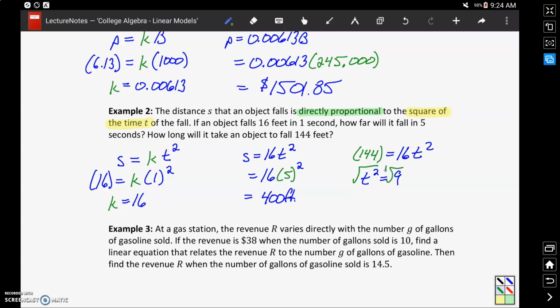Keep in mind, though, that when we do that, we need to introduce this plus or minus notation. So when we take the square root of t squared, we'll end up with t is equal to plus or minus 3, so either positive or negative 3. But in this case, the only answer that makes sense would be a time of t equals 3 seconds, because a time of negative 3 seconds just doesn't really practically make sense.